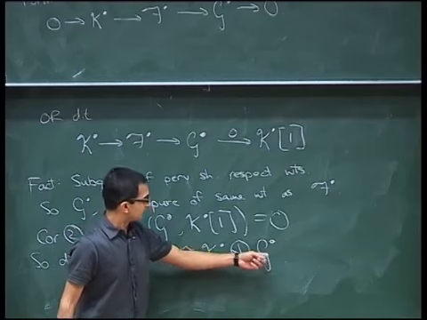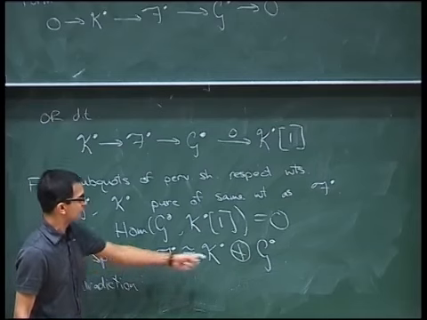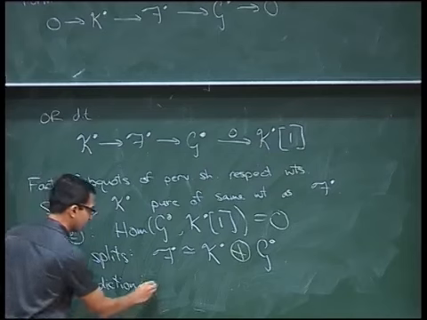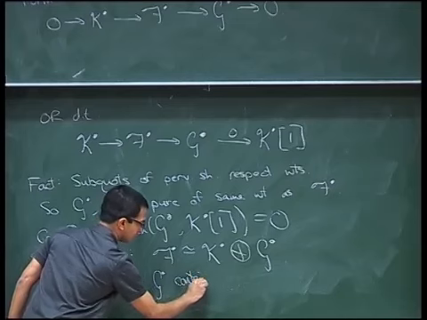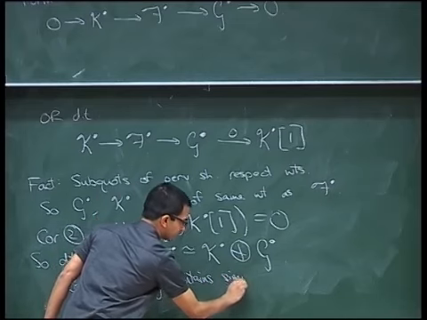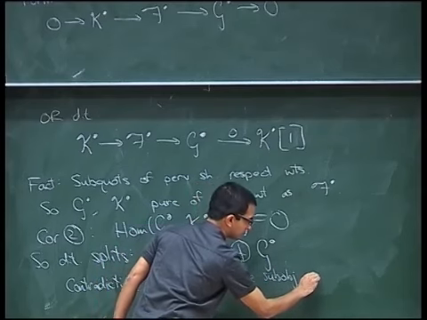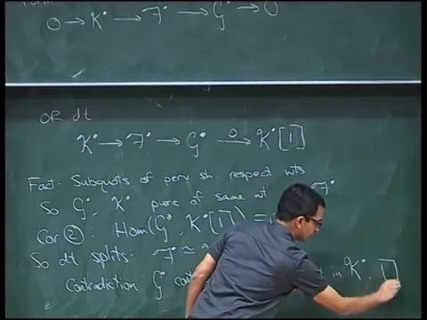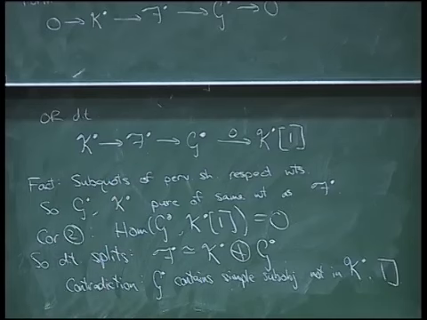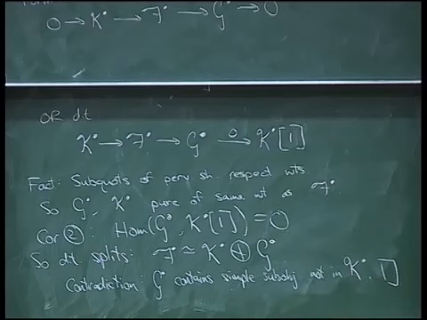And so a simple sub-perverse sheaf of G is going to be a simple sub-perverse sheaf of F, which we forgot to include in K. So G contains a simple subobject not in K. Okay.